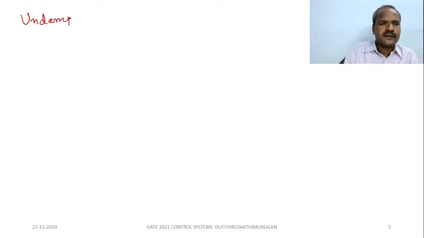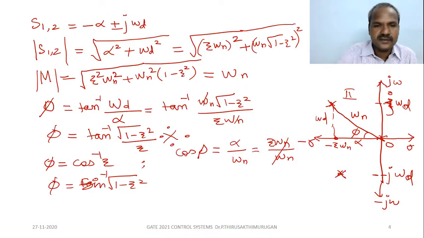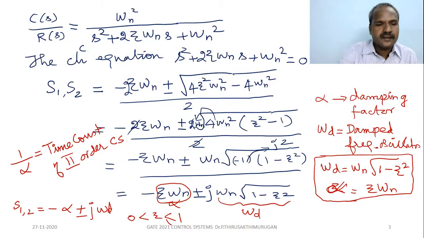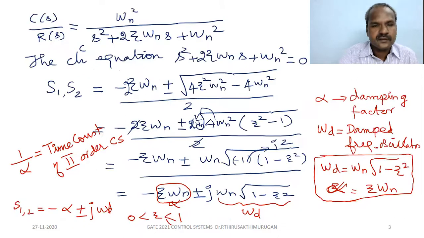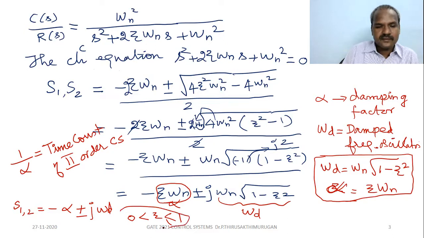So we can classify the system by the roots of the characteristic equation. First, the undamped system. What is undamped? Undamped means zeta equal to 0. As I was telling, the zeta value varies between 0 and 1.